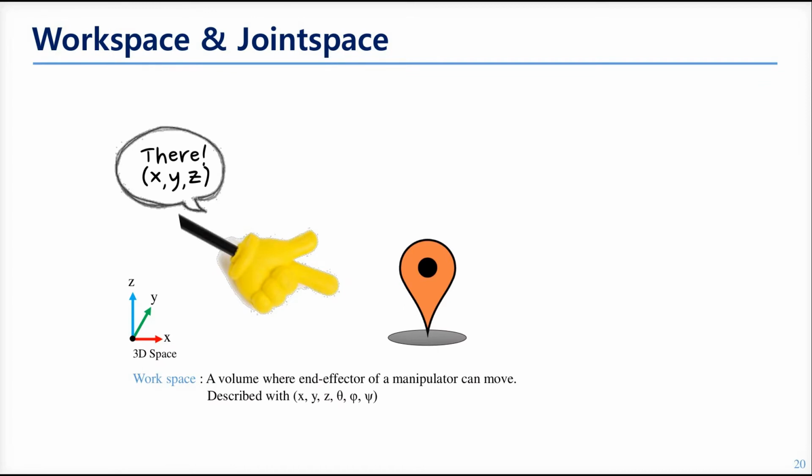The third is to notice the difference between the workspace and the joint space. Here is an example. Let your robot grasp a specific object. You will order it by giving a position and orientation of the target. This is called the workspace.